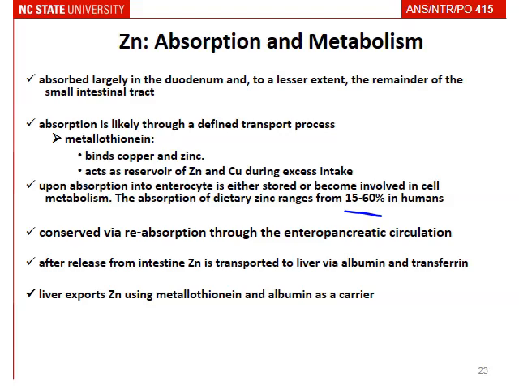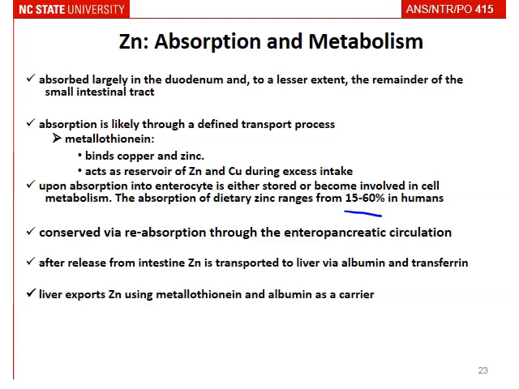We can conserve it by reabsorbing it through the enteropancreatic circulation. And when the zinc is transported and leaves the enterocyte, it transports into the liver.